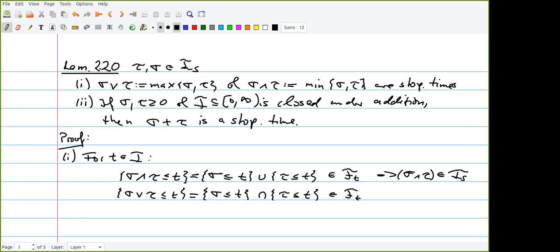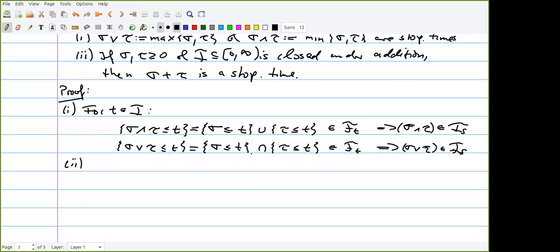These are both stopping times, so this is measurable with respect to ft. So this means sigma max tau is in SI. Okay, so that's it.